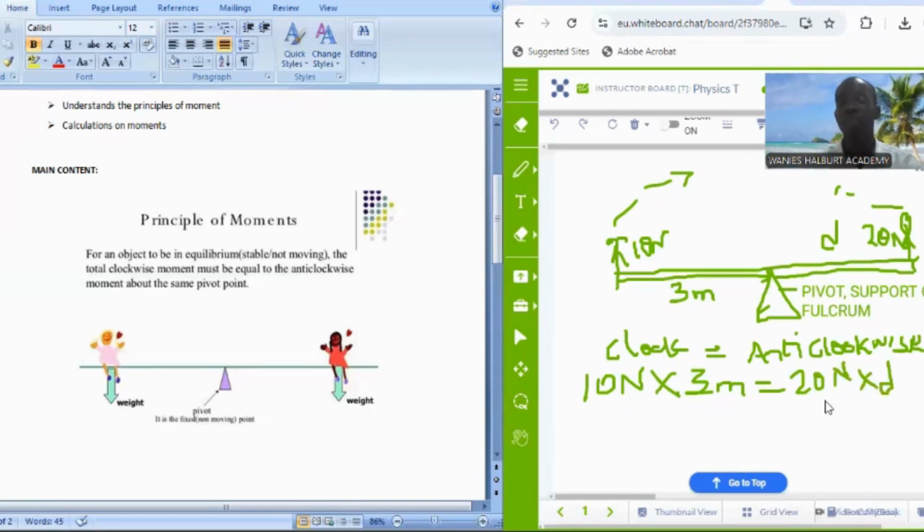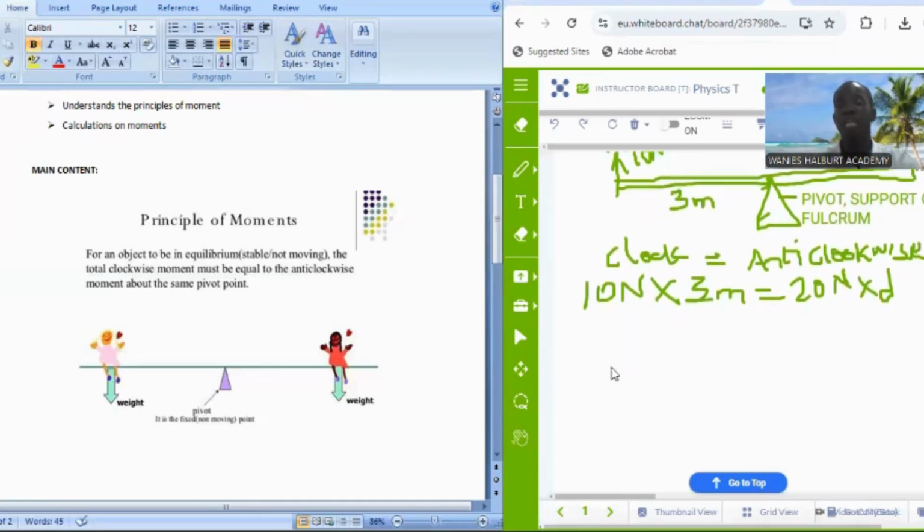We're using this to resolve the distance. So we resolve it mathematically: we have 30 Newton meters, because the unit of moment is Newton meter, equals 20d Newton meters, where d is the unknown distance.